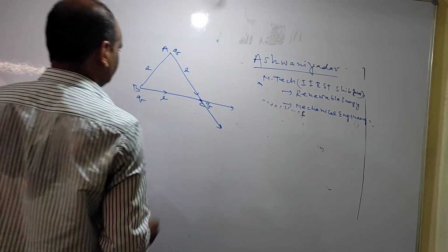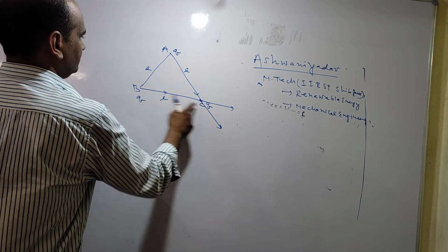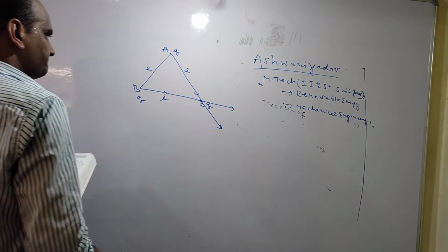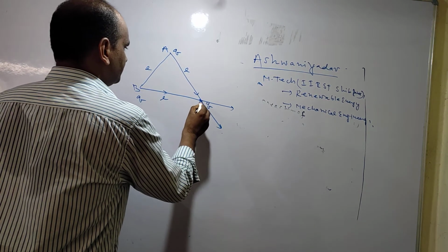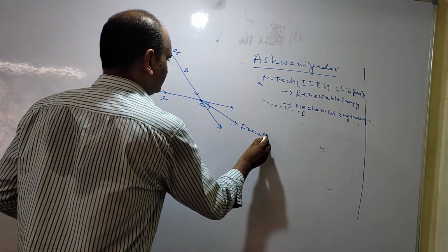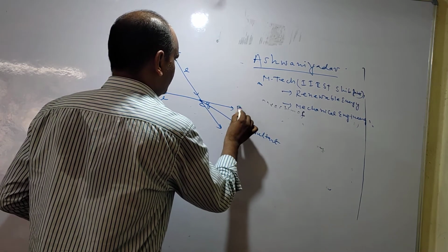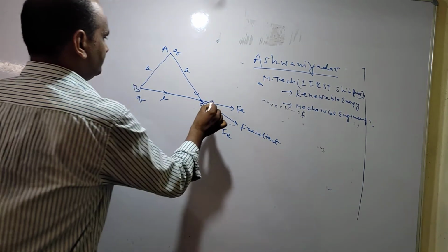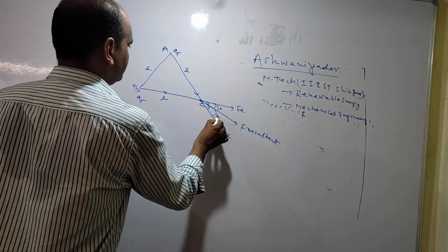This is the direction of the forces. This charge applies an electrostatic force, and this angle is 60 degrees. So we have the resultant force F resultant and the electrostatic force F electrostatic, and this will be 30 degrees and 30 degrees.